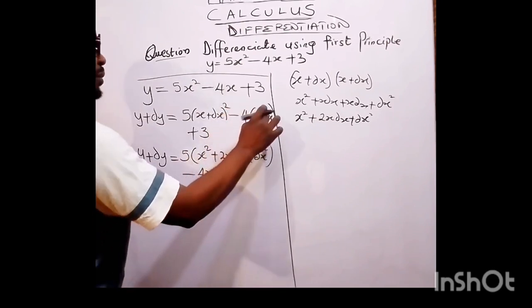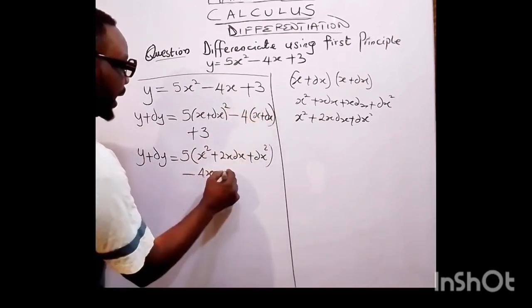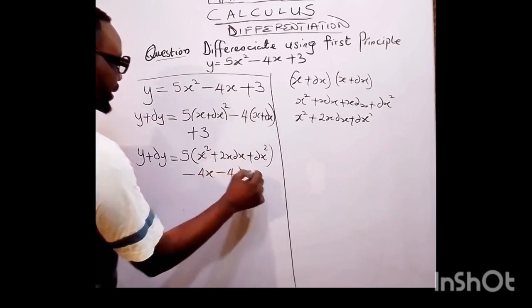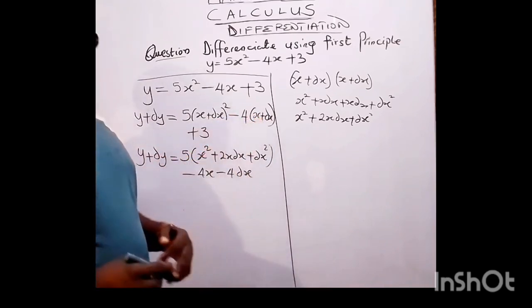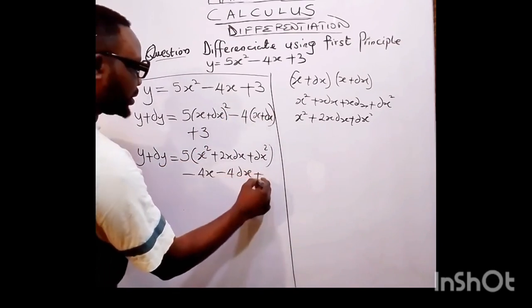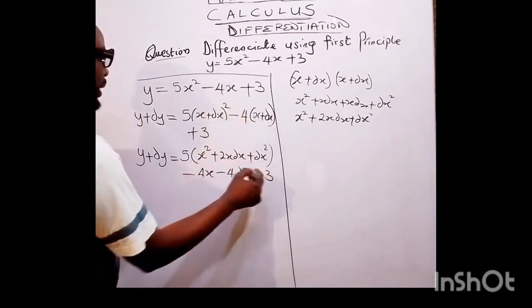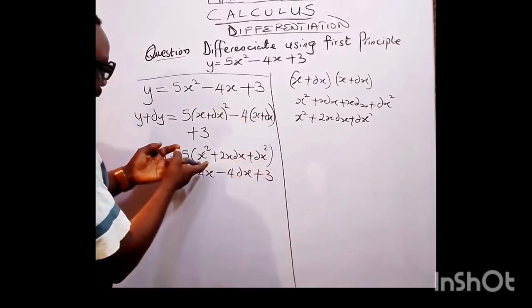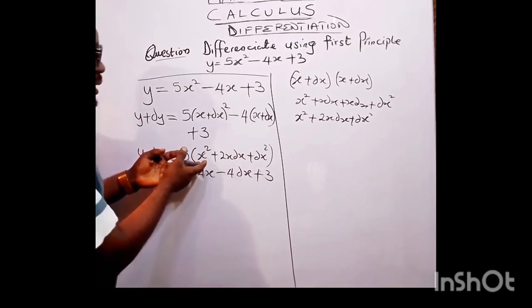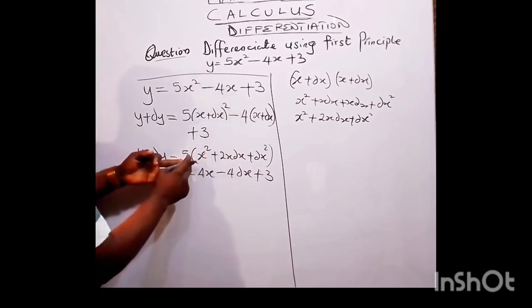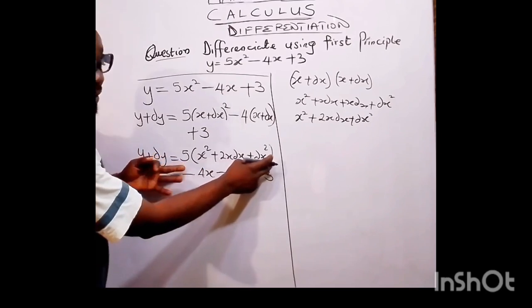This minus 4 again multiplied by plus dx, that's minus 4 dx, because minus times plus is minus. Then plus 3. Now, the next thing I'm going to do is, you can see that this is inside the bracket, so I have to use this 5 to multiply all the terms inside the bracket.